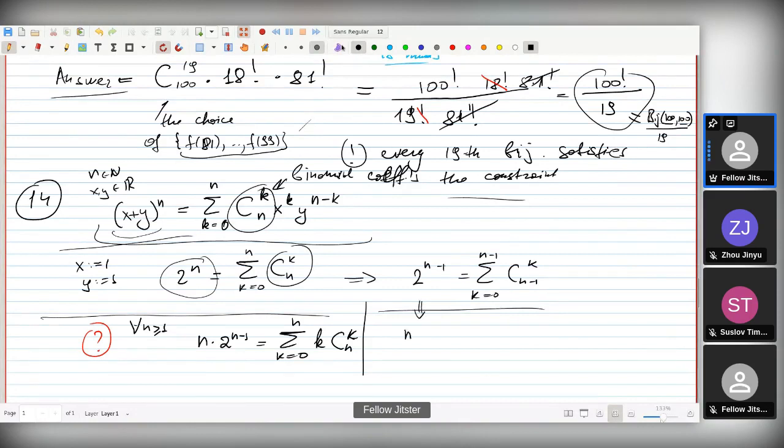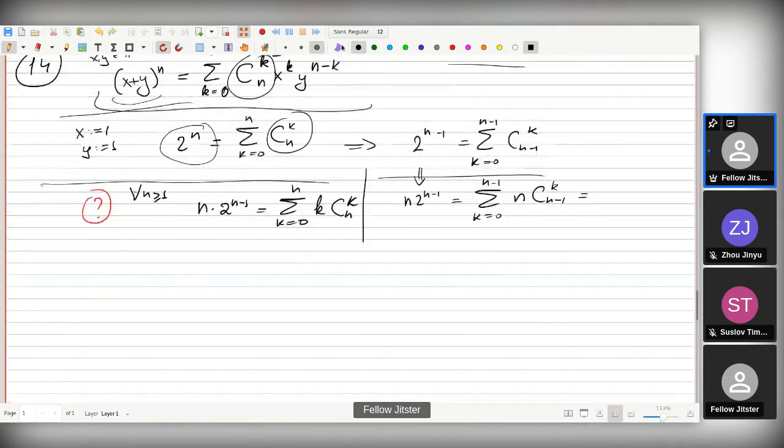Now, let us multiply both sides by n, and let us apply this formula with factorials. Exactly. Interesting.